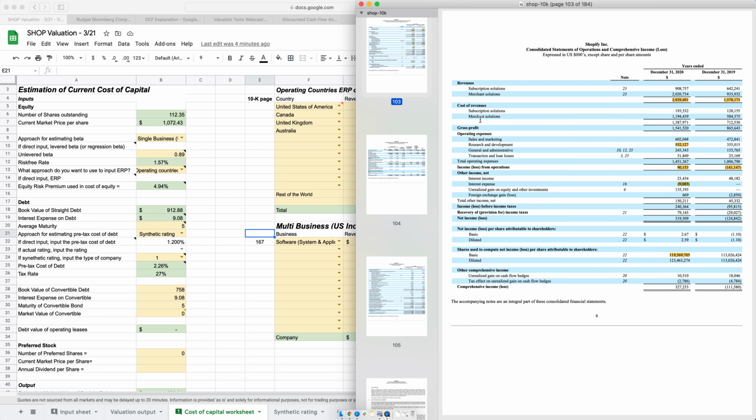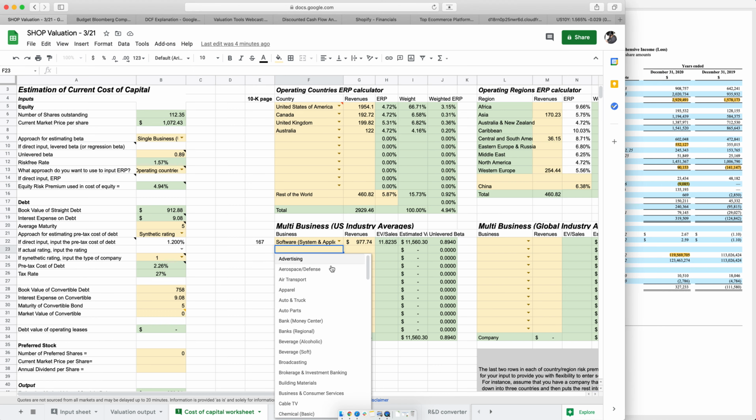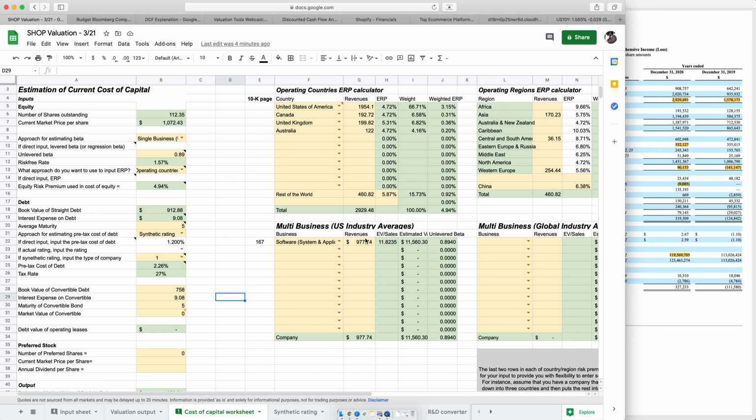But if this was a much more diverse company, they would break it out by the specific businesses they're in, and you would try to map those product lines into a certain industry. There's a drop down, and you put in the revenue associated with each product line.